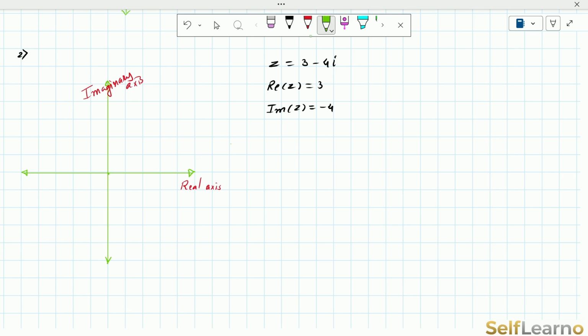So that will come here on positive real axis. Imaginary part is negative 4. So it will come on the negative side. 1, 2, 3, 4. Great. So it is 3 and it is 4. I am not writing negative 4. Negative means on the other side. That's all.